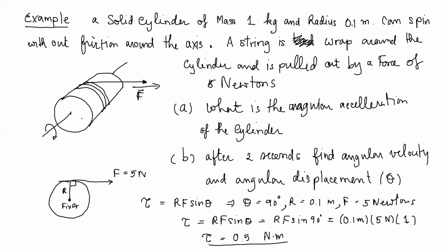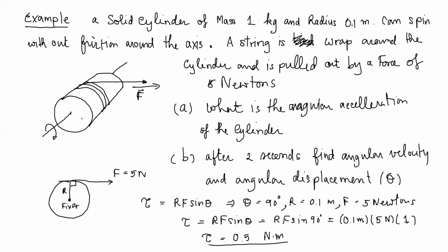So let's take a look at this problem. What they give us is the mass of the cylinder and the radius, so we should be able to find the moment of inertia. It also says it was pulled by a string with 5 newtons of force. So we have the F, and we have the radius of the cylinder, so we do have a torque on the system.